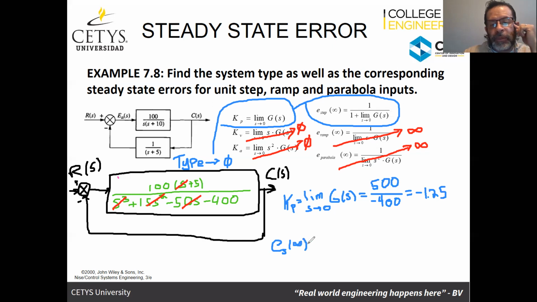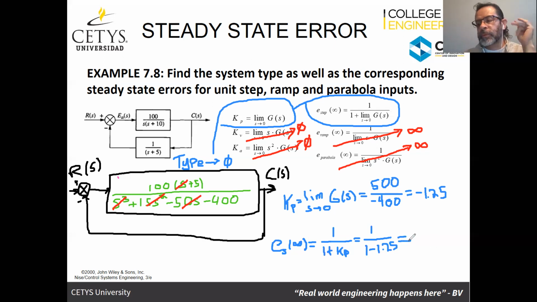When t tends to infinity, it is going to be equal to 1 divided by 1 plus Kp, which in this case is going to be 1 divided by 1 minus 1.25. What would that be? Can somebody tell me? Minus 4.